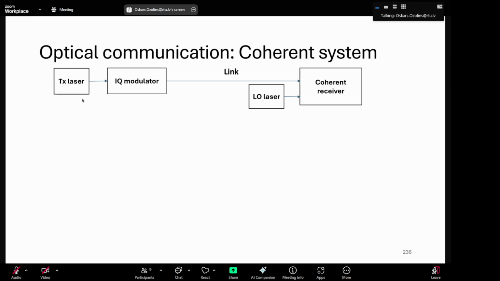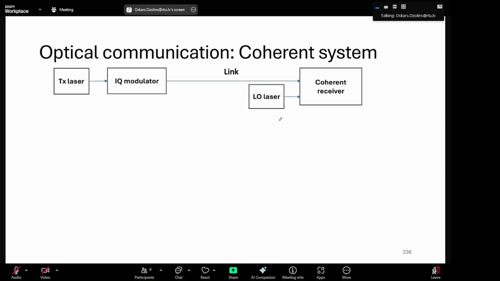If we look at a basic coherent communication system, the big change is that in the receiver we also have a laser which is not modulated. It's called an LO laser, a local oscillator laser. It is supplied into the receiver and provides a coherent receiver gain, because you have this whole local oscillator power, so you can easily get 10 dB gain.